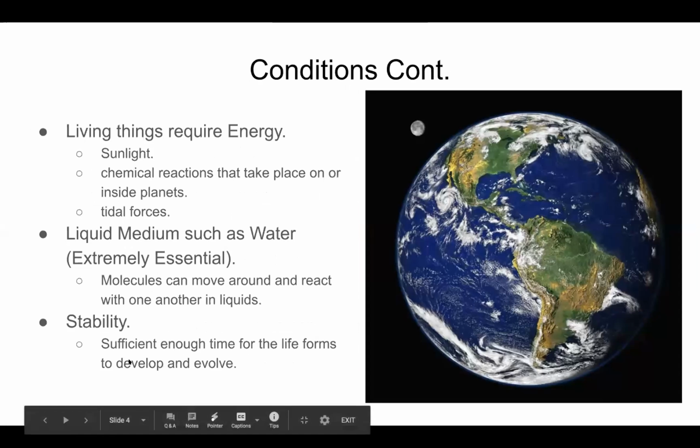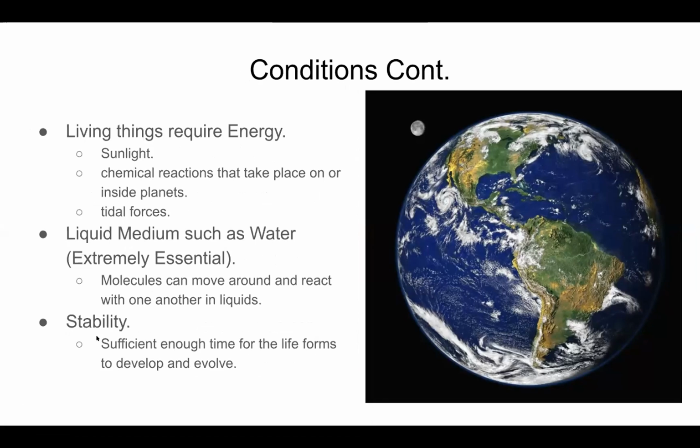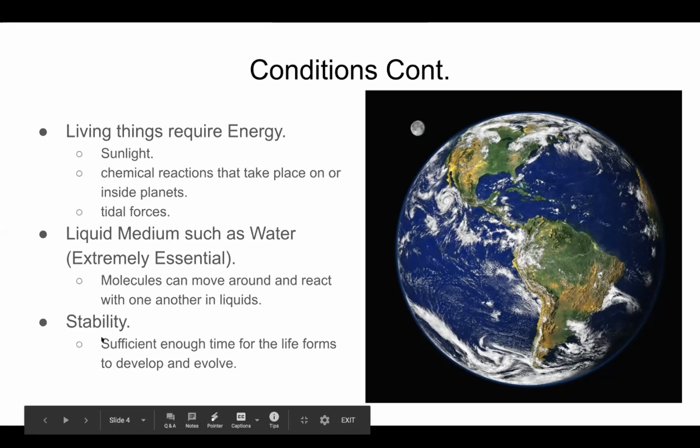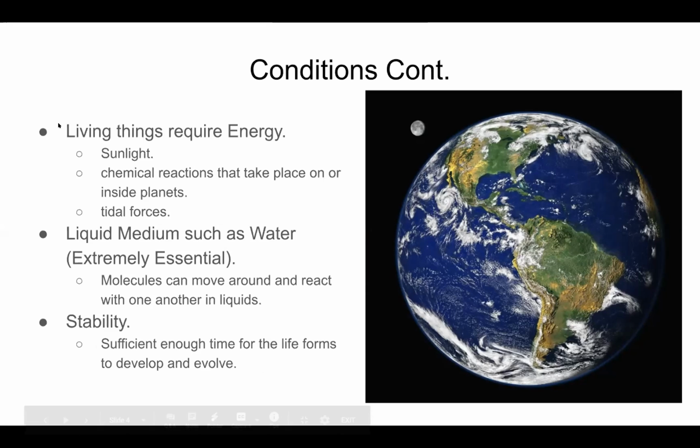Continuing on, stability is a big thing for conditions. Besides temperatures being stable, you need sufficient time for life forms to develop and evolve. Living things, as we know, require energy. Sunlight can be a source of energy. It also needs chemical reactions that take place on or inside the planets, as well as tidal forces.